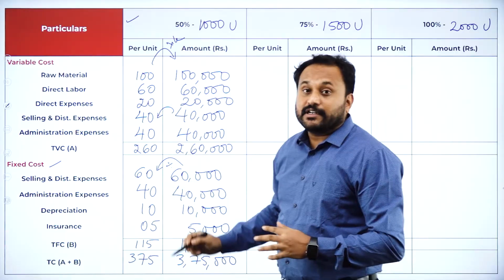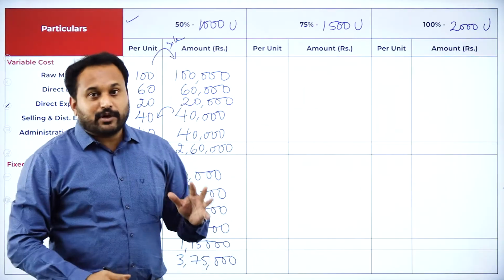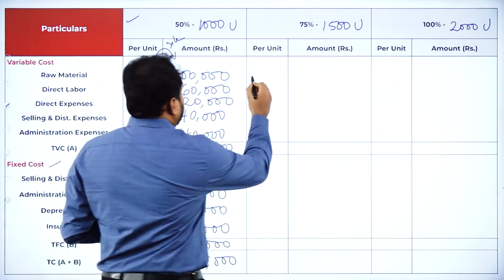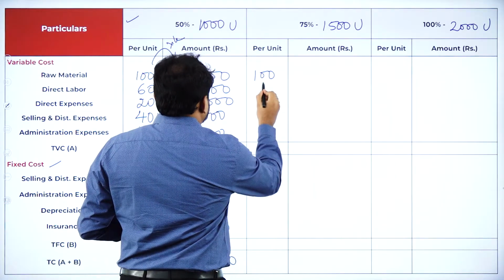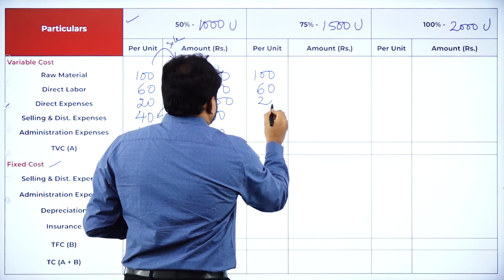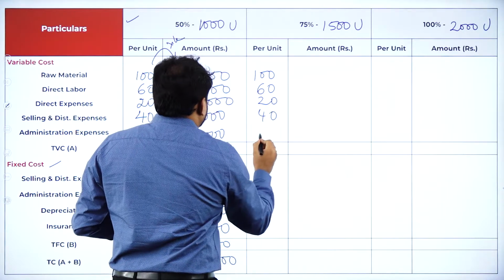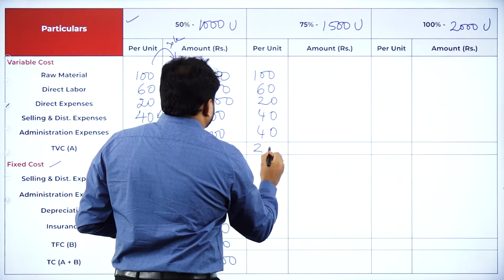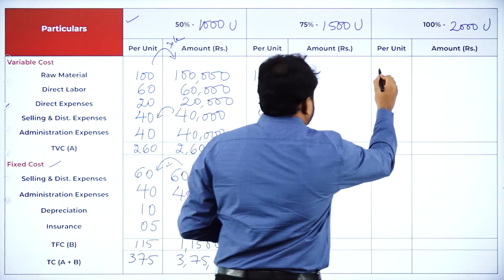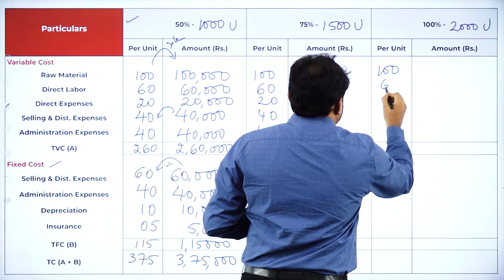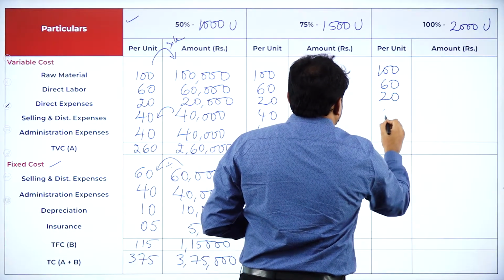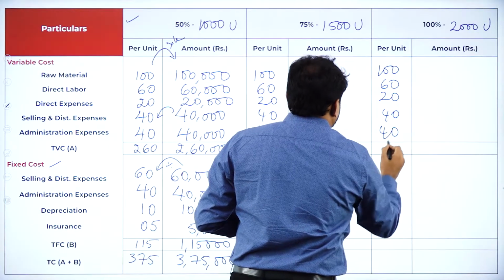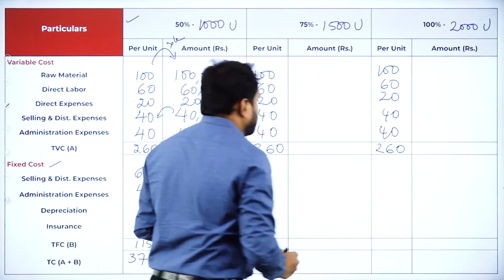So automatically what you should do is start writing here: 100, 60, then we have 20, 40 and then 40. Total is 260. Here also the same: 100, 60, 20, 40 and 40. The total is 260.